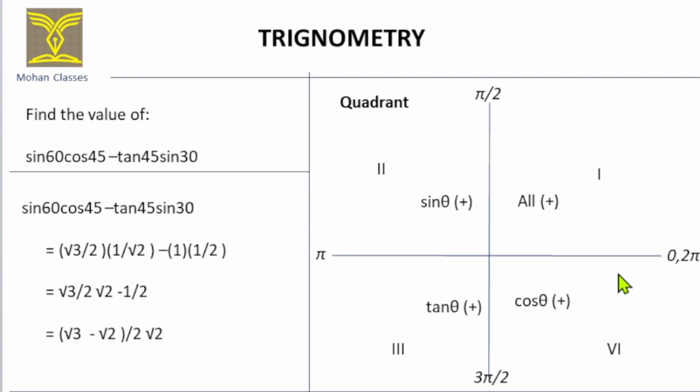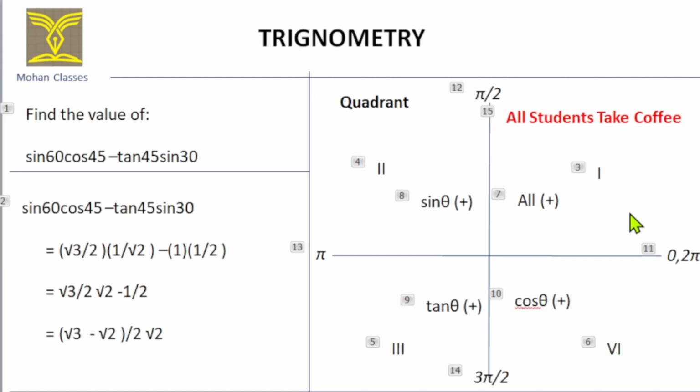The angles will start from 0 to pi by 2 which is 90 degrees, then pi by 2 to pi which is 180 degrees, pi to 3 pi by 2 which is 270, from 3 pi by 2 to 2 pi which is 360. So how to remember this? First quadrant all positive, second quadrant sine and cosecant positive, third quadrant tan and cot positive, fourth quadrant cos and secant positive.